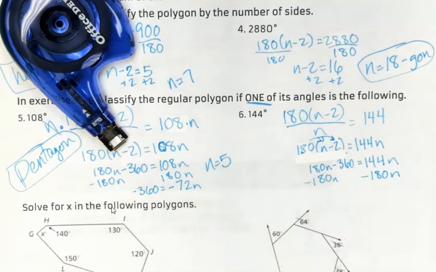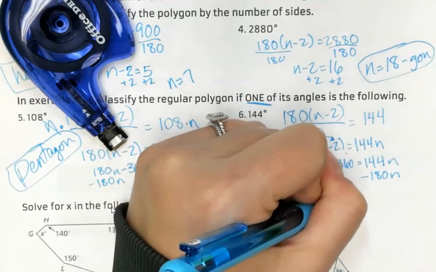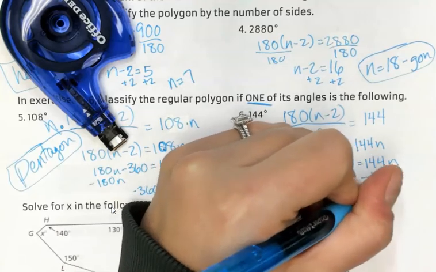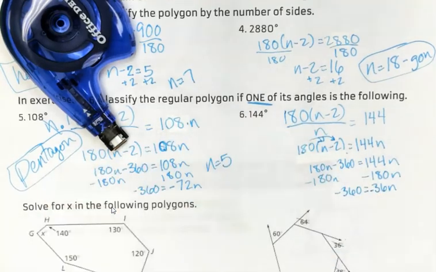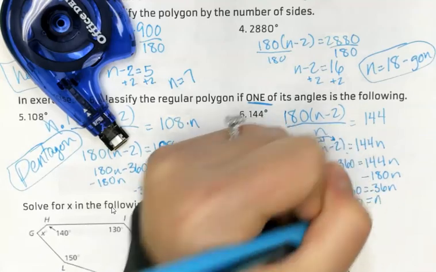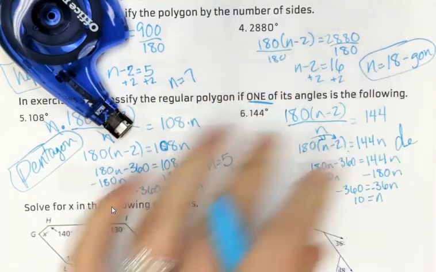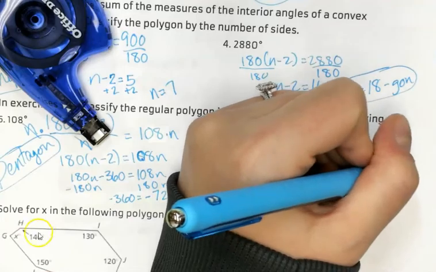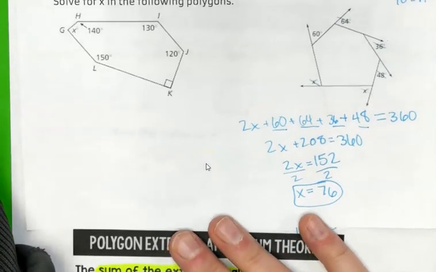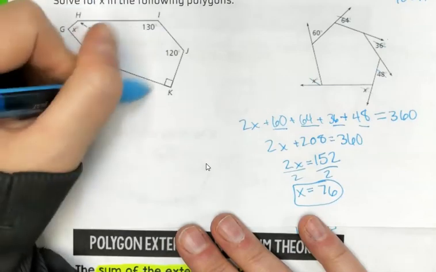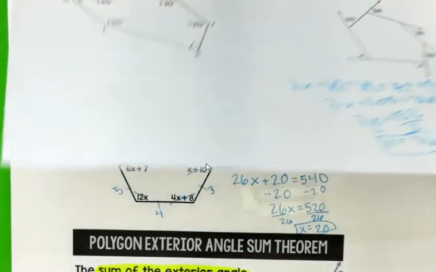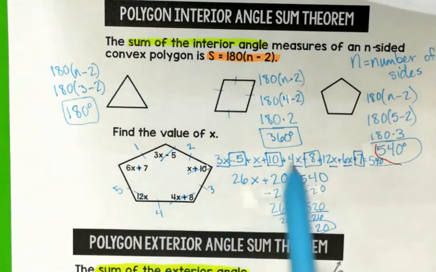So I'm just following the same steps over here. So 360 divided by 36 is just going to be 10. And then this is just another example that's very similar to this example right here.